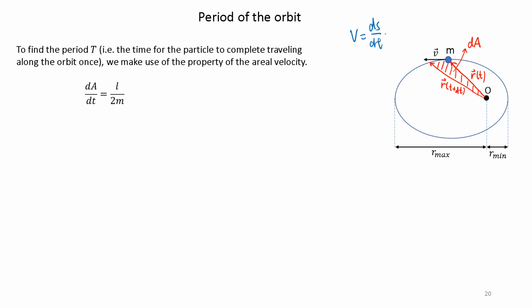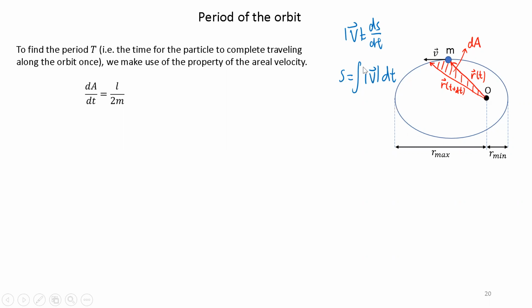If you integrate both sides, s is the integral of this. Actually, I just need the magnitude. What I'm saying is that s is the total length of the circumference of this ellipse.